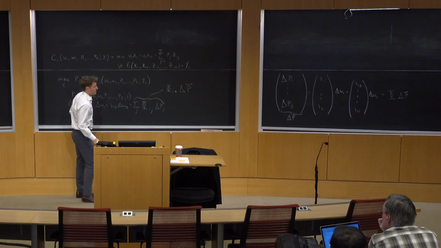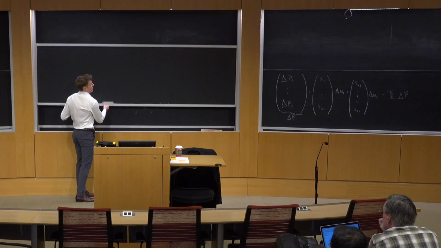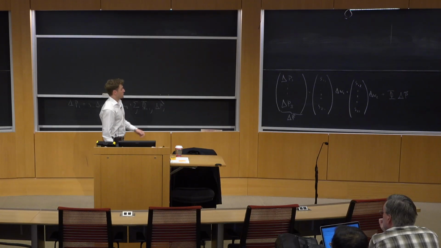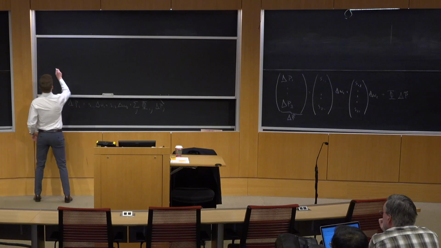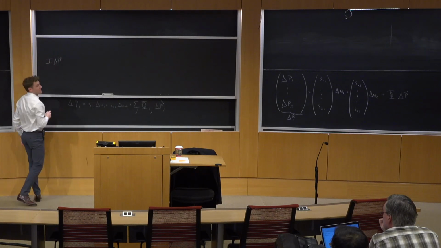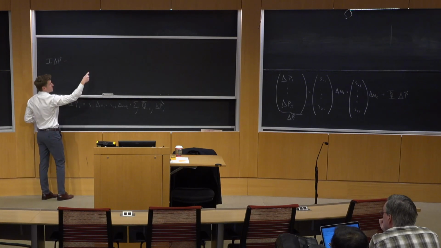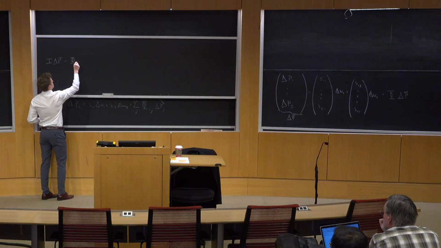Okay, so now let's solve this. On the left-hand side, we have delta P vector. We can add an identity matrix to the left-hand side, minus just taking the phi across.